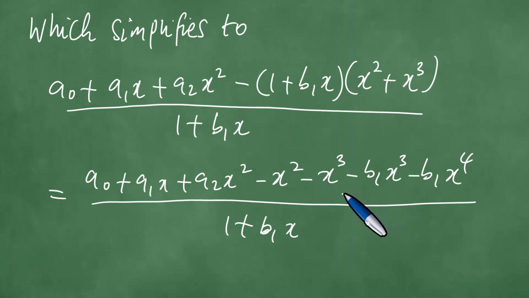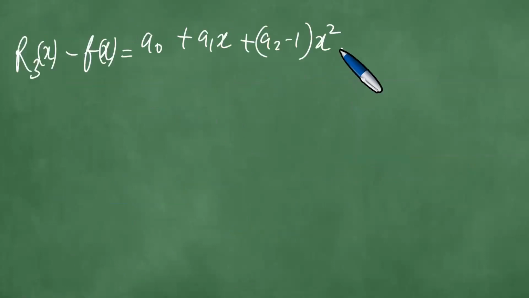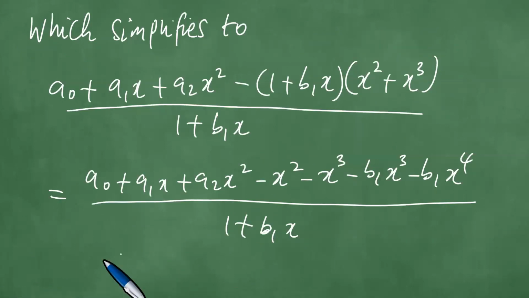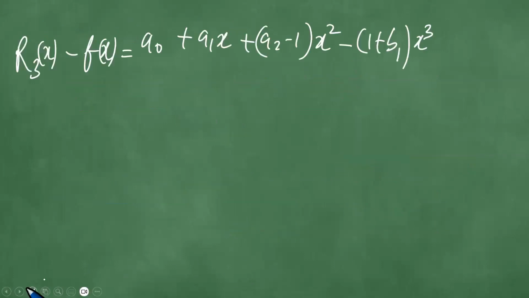So you pull out, it's going to be minus (1 plus b1) times x cubed. Okay. Like so. Fourth degree is 1. It's minus b1 x to the fourth power.